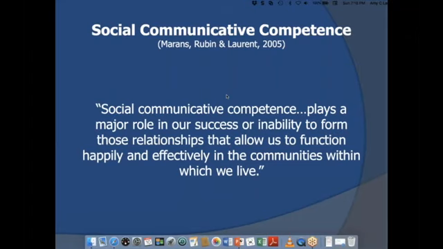And that's our goal within this model, because we know that social communicative competence plays a major role in our ability and our success to form relationships and to function throughout our lives, right? So to engage in the activities that we enjoy, to have success in interactions with other people and build relationships, and basically navigate our communities in ways that are really fulfilling to us. It really relates to quality of life, right? It's how connected can you be to other people?